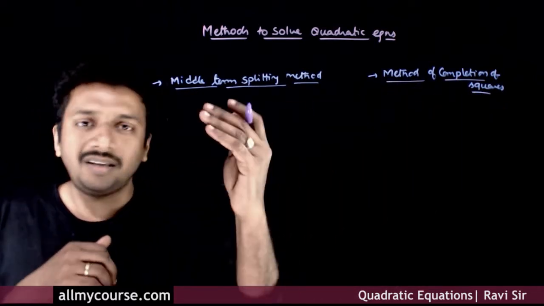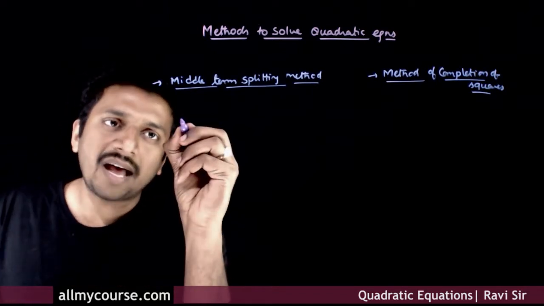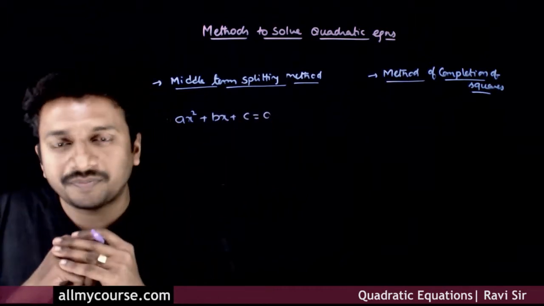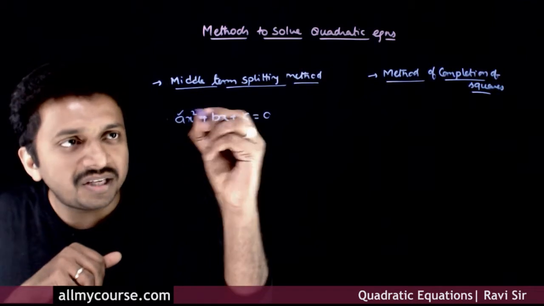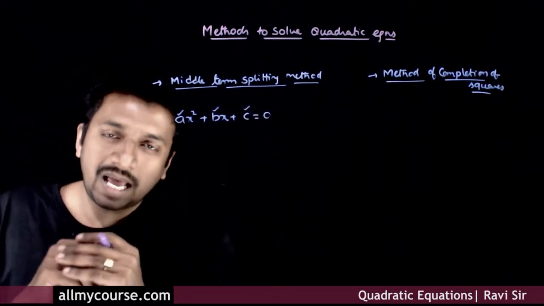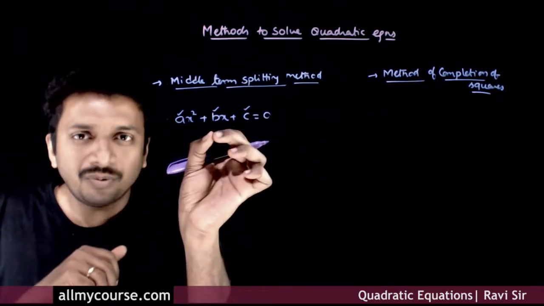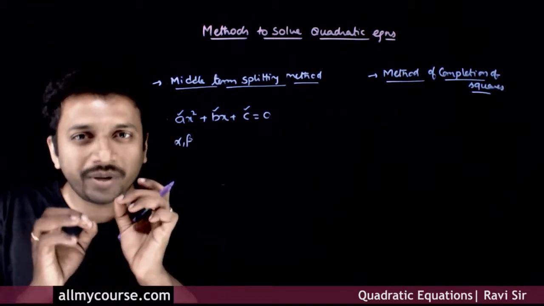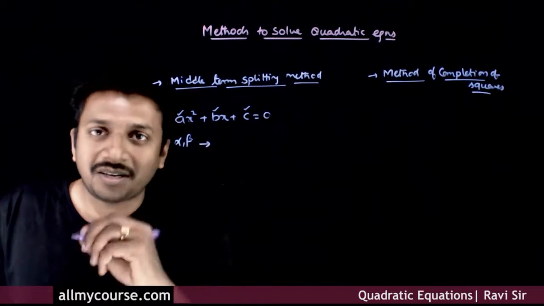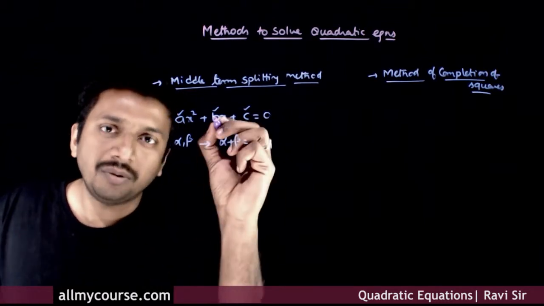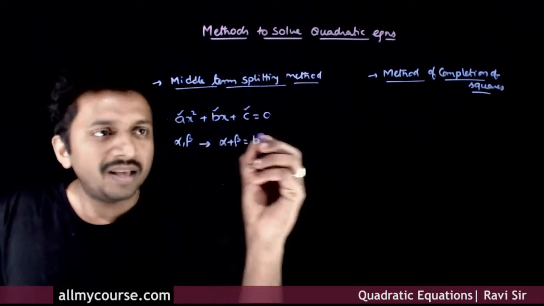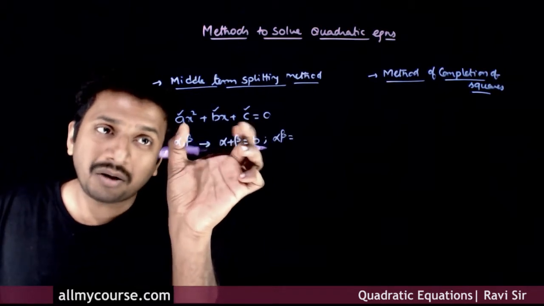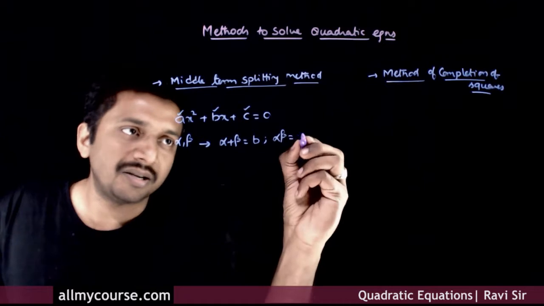Now let us first see the middle term splitting method. If you have a quadratic equation ax square plus bx plus c is equal to 0, in this method you need to observe these coefficients very carefully, and you try to find two very specific numbers alpha and beta such that their sum is equal to the coefficient of x here, and their product is equal to the product of the leading coefficient and the constant.